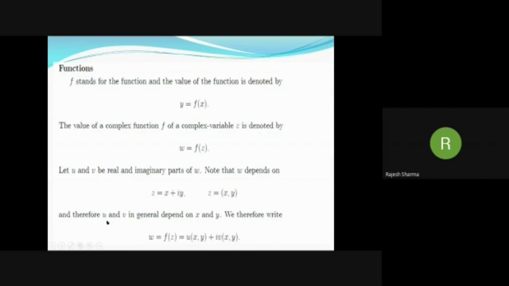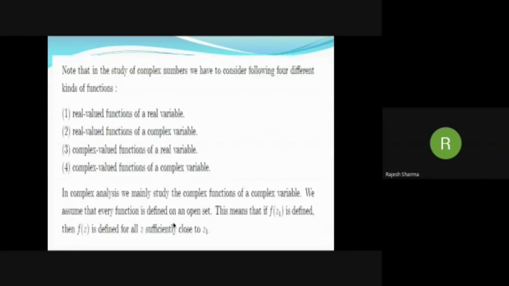So in general, u and v depend on x and y. And therefore, we can write w equals f(z) equals u(x,y) plus iota v(x,y), where u(x,y) is the real part of w and v(x,y) is the imaginary part of w. Every complex function can be written in this form.